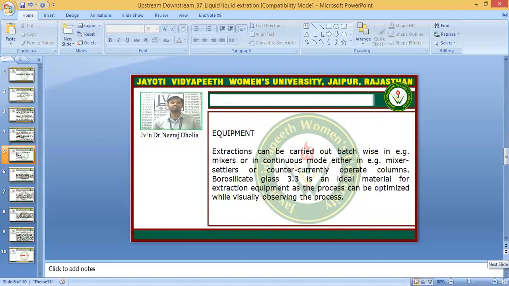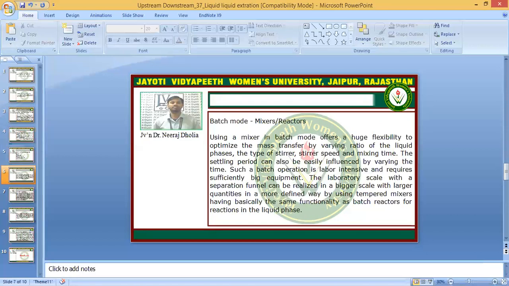Equipment used: extractions can be carried out batch wise, or in a continuous mode, for example mixer settler or counter-current operated columns. Borosilicate glass is generally used as an ideal material for extraction equipment, as the process can be optimized while visually observing the process. So we generally use glass vessels so that you can visualize things and adjust them.